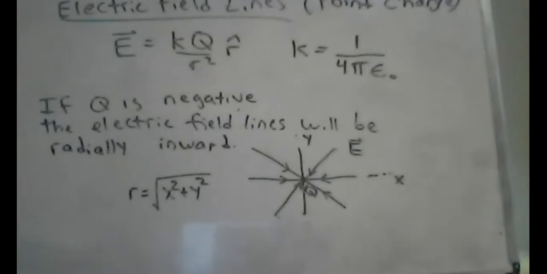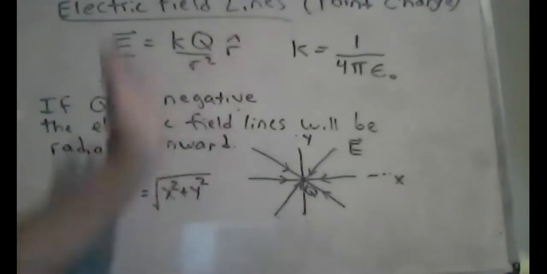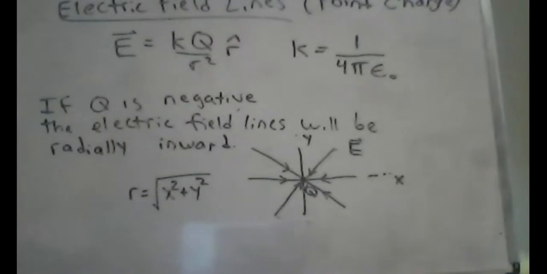If you know x and y, you get R through Pythagoras. I could draw this at any radial direction and it's going to be the same. It's isotropic, the same in all directions. It's a big fuzzball, basically. Okay, that's the bottom of page 1.